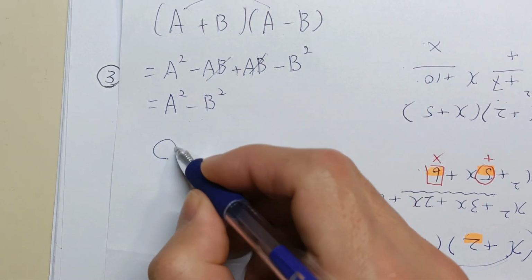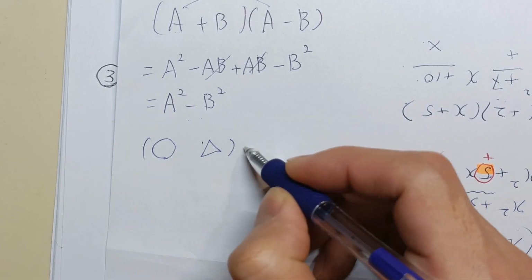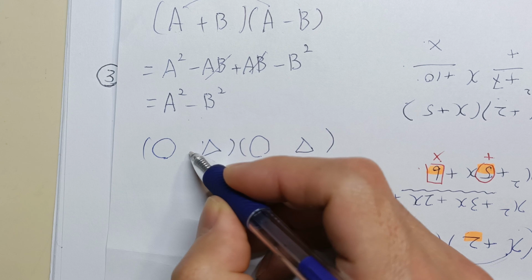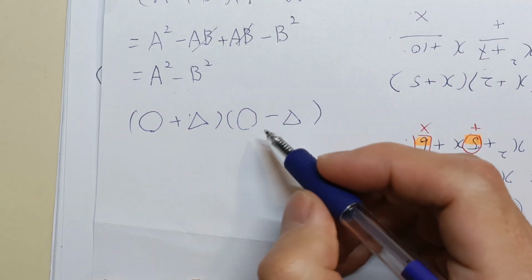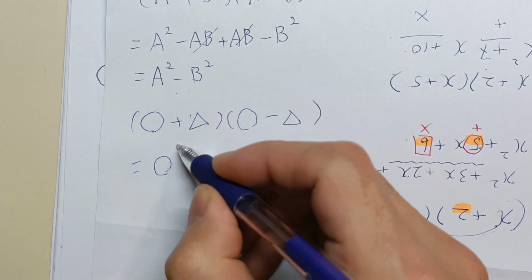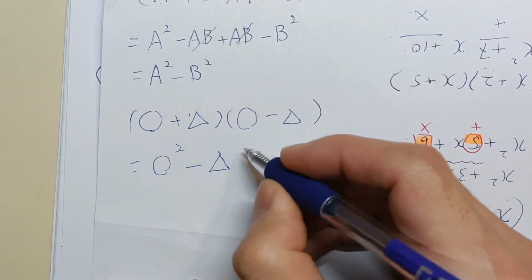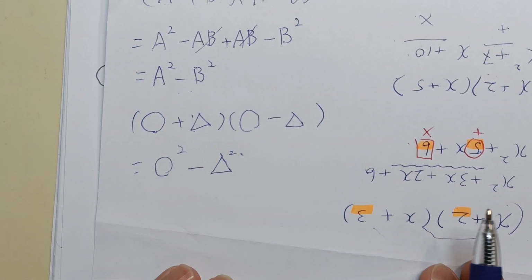For example, right, circle, triangle, circle, triangle, plus and minus. This answer is gonna be circle squared, take away the right one, right term is triangle squared, right?